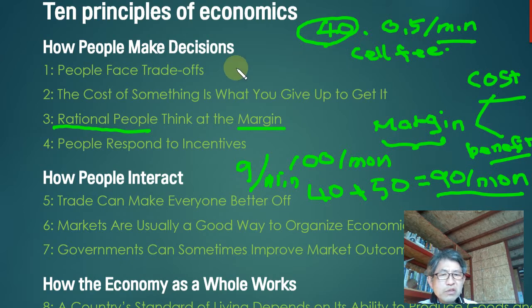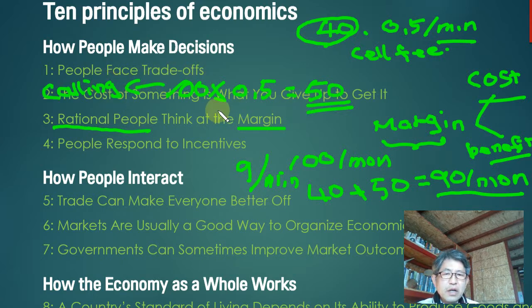Then 100 multiplied by 0.5, this is per minute, and this is the total minutes you use per month, so this is 50 boxes for 100 minutes. Because you have the basic fee of $40, $40 plus the 50 you actually used, your total bill per month is $90.